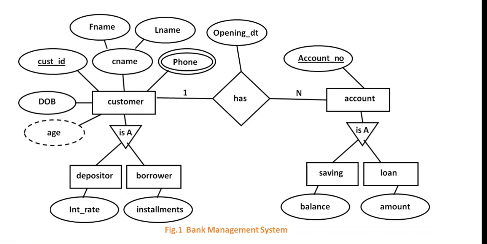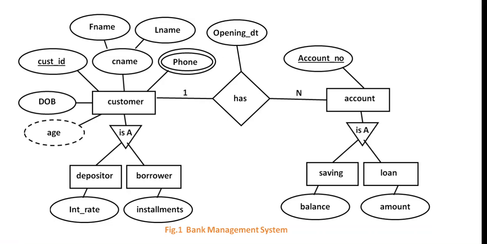So this is all about today's session. In today's session, we have seen what an enhanced entity relationship diagram is. It is an extension of the traditional ER diagram, which is mainly used to specify superclass, subclass, specialization, generalization, and aggregation concepts, which are related to relationships. Specialization means one higher level entity is divided into lower level entities by finding out the different attributes or different properties between entities.